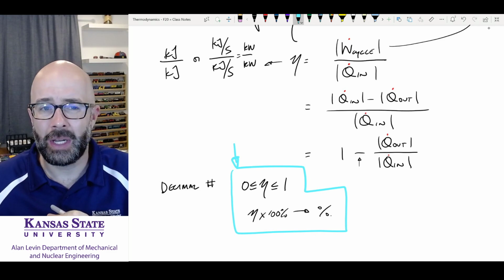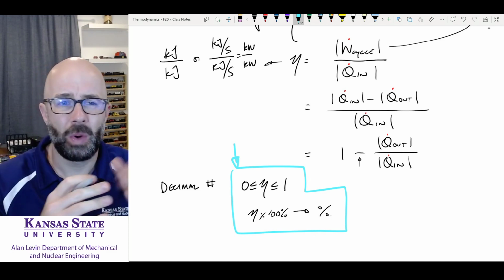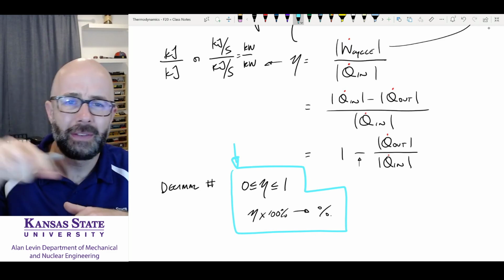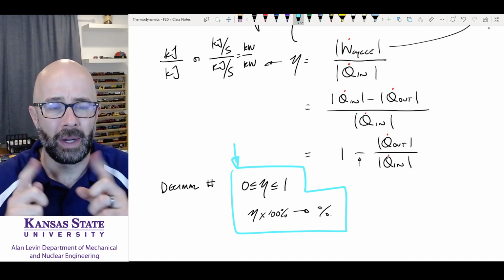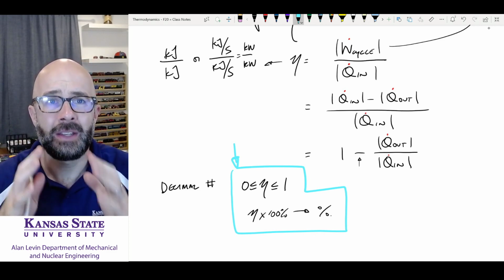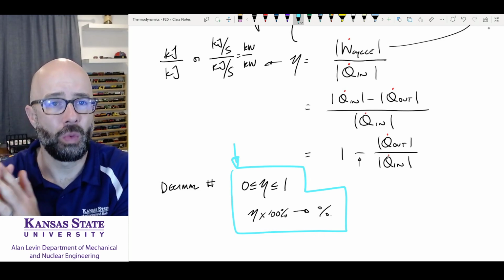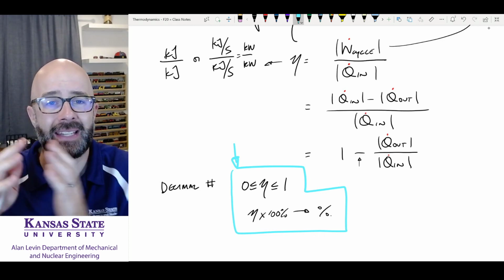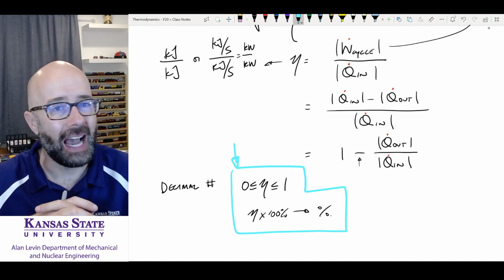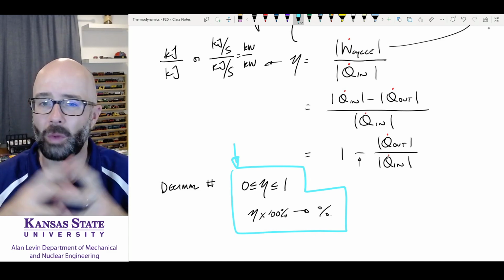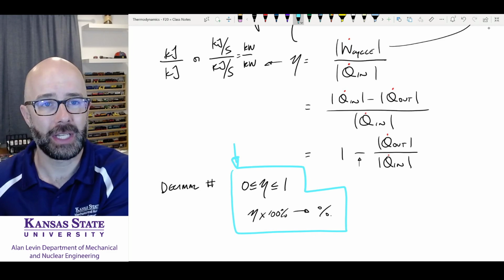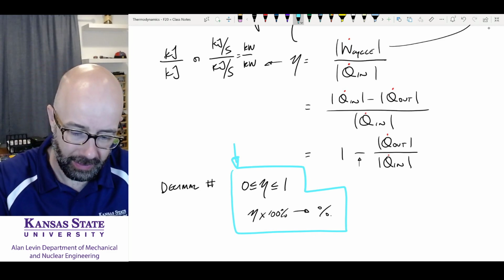The second thing: you remember the first video where we had an unknown cycle with a lot of different processes in there? Well, if that unknown cycle has a net positive work, it's got to be a power cycle. All power cycles have net positive work. So I'm just going to put this in here.